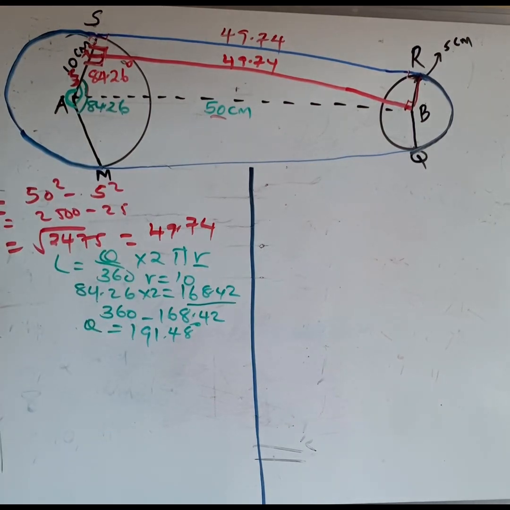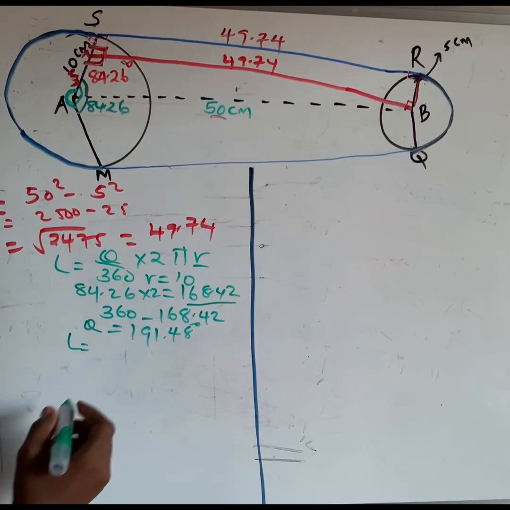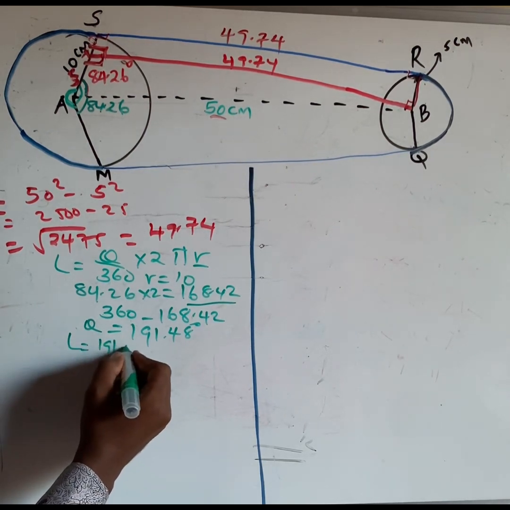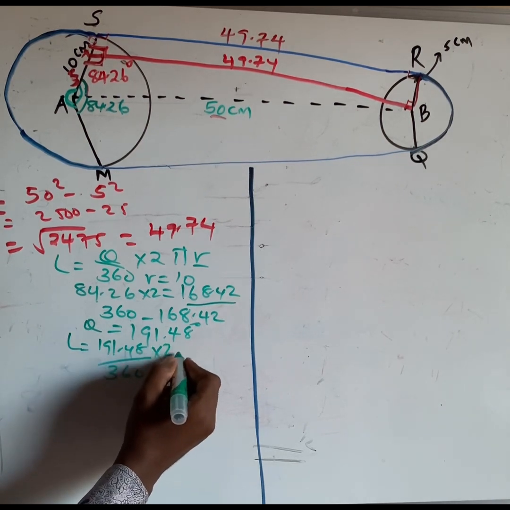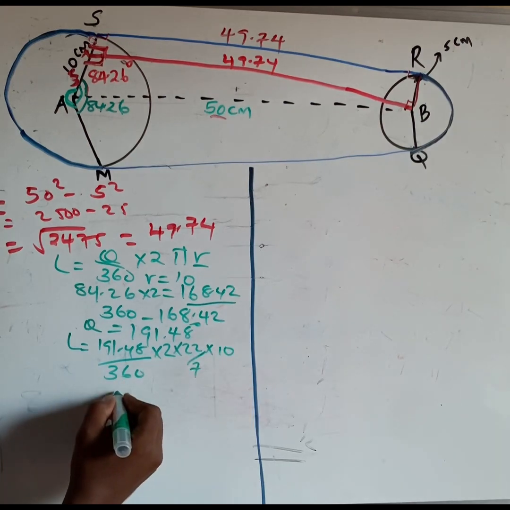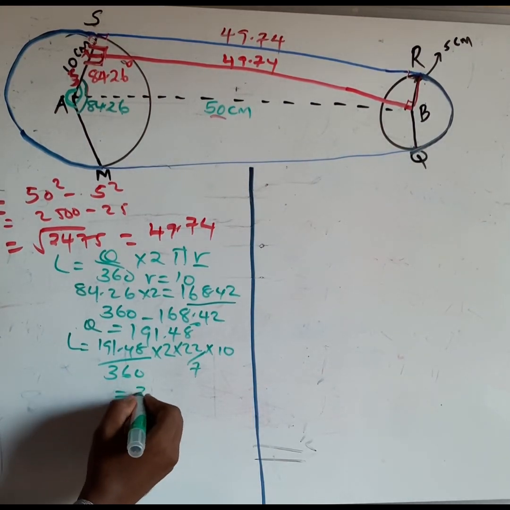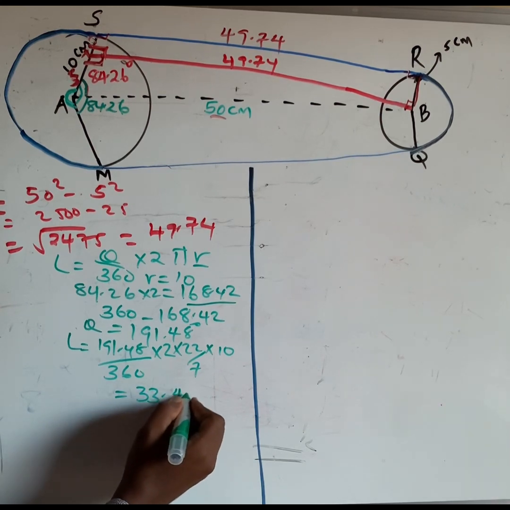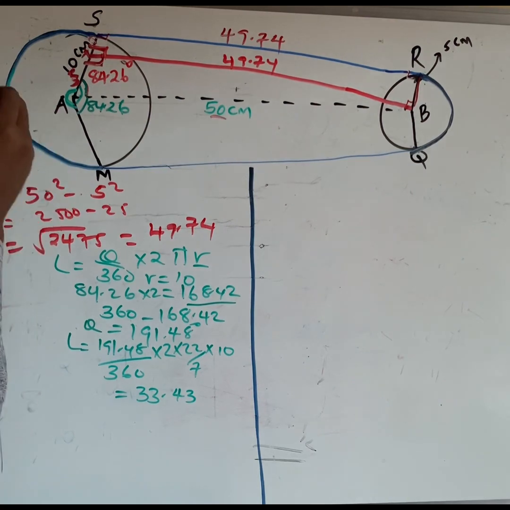And now we use the formula, length of the arc equals theta, 191.48 divided by 360 times 2 times 22 over 7 times the radius 10. This gives us 33.43. So we know the length of this arc is 33.43.